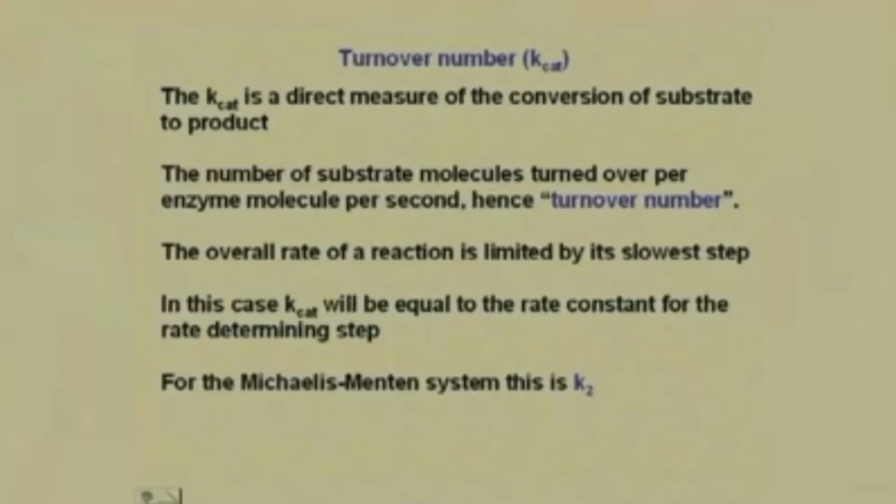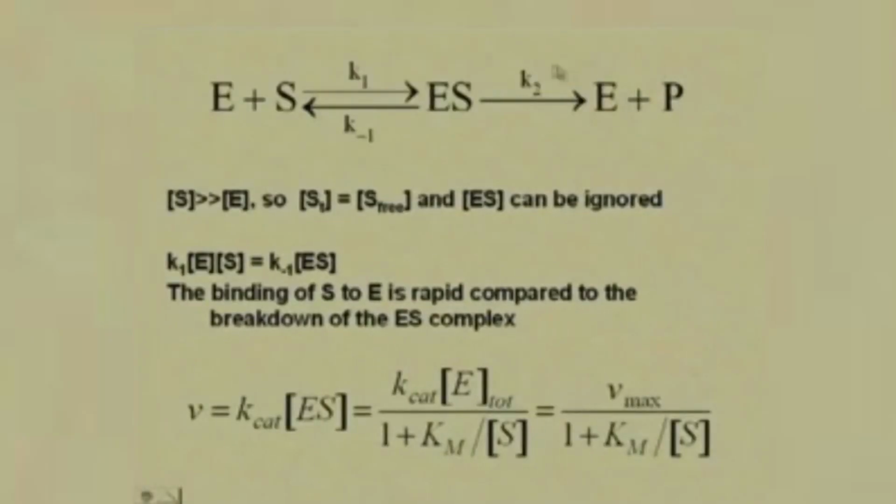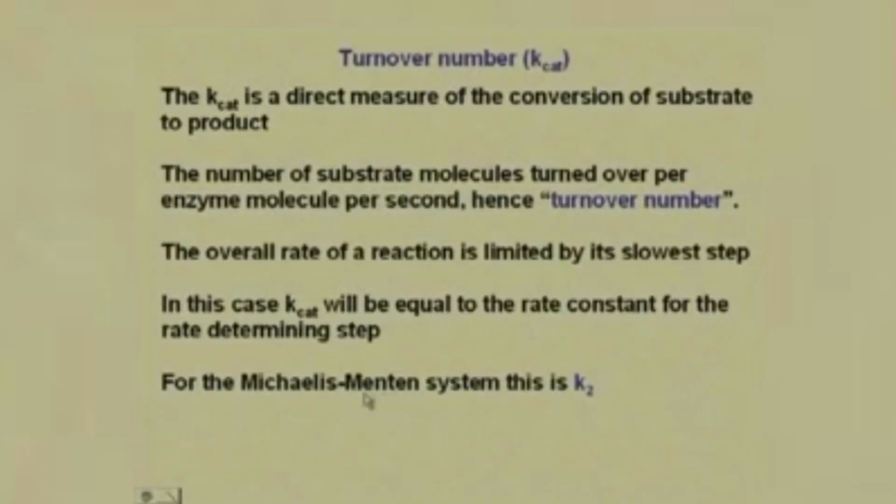Since K2 is the step that is forming the products, this becomes our rate limiting step. Because we know that the breakdown of the complex is slow, this becomes the slow step of the reaction. This becomes the rate limiting step or the rate determining step of the reaction, and for the Michaelis-Menten system, the Kcat is actually the K2 value.